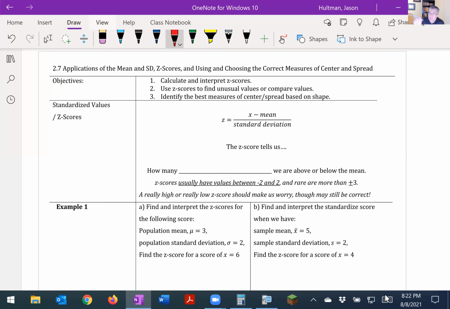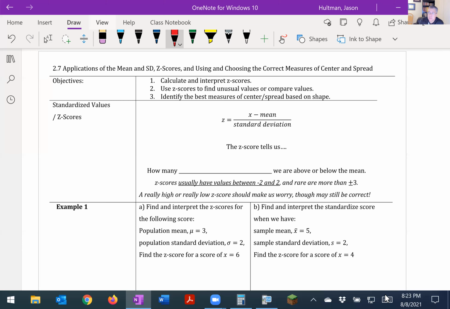It'll standardize and make all of the distributions have the same mean at 0, and the same standard deviation, which will be 1, and so this calculation allows us to compare apples to apples.